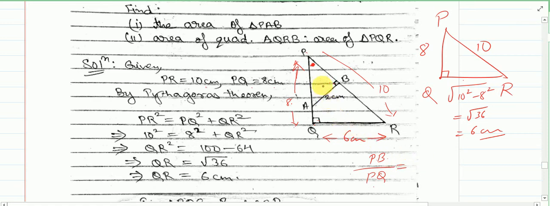Then let's say this angle is star, so obviously this will be star. Now 90 and this star, so AB, and in the bigger triangle PQR, star and this 90 is QR. And then PA upon PR. So corresponding sides are proportional.